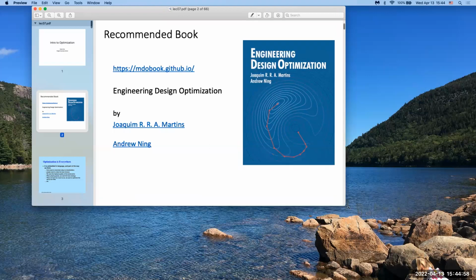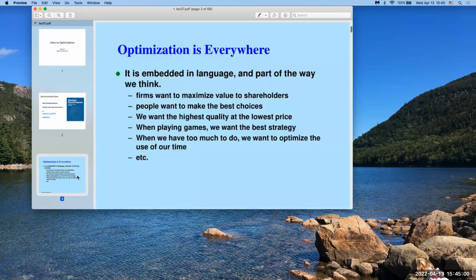Okay, even though we are at a business school, and we don't like dealing with too much of the math stuff, optimization is everywhere, and when you graduate, you can apply all these skills in your future life, or in your work environment.